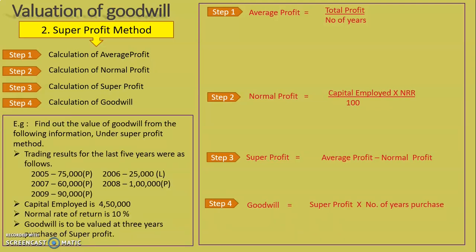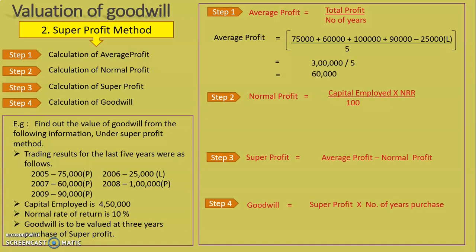The profits of the last 5 years are given. So we calculate average profit, which comes to 60,000. Then the normal profit is calculated at the rate of 10% on 4,50,000, which is the capital employed. The normal profit is 45,000.